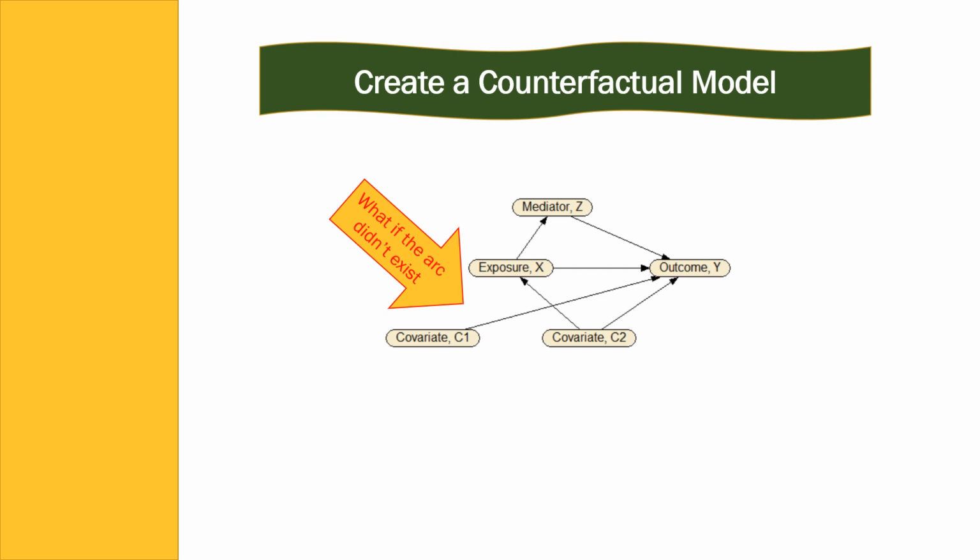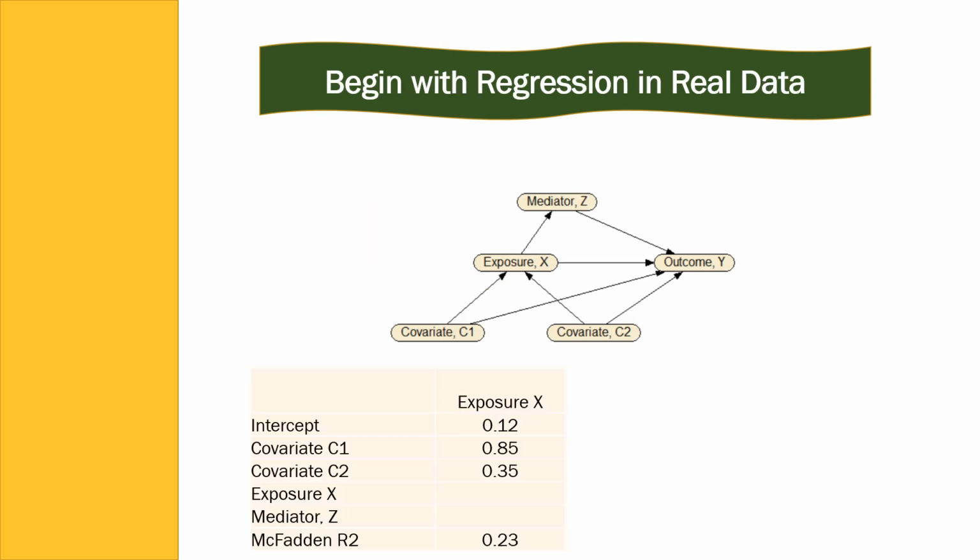So if we remove the arc that goes from C1 to X, we then have a counterfactual model. The parameters of this counterfactual model are estimated through regressions.